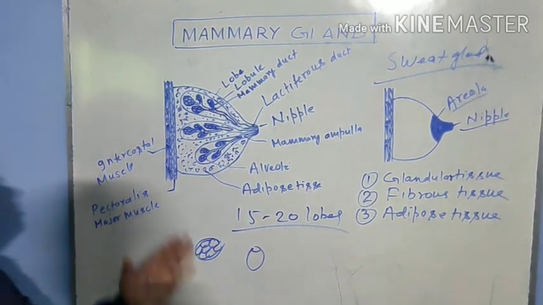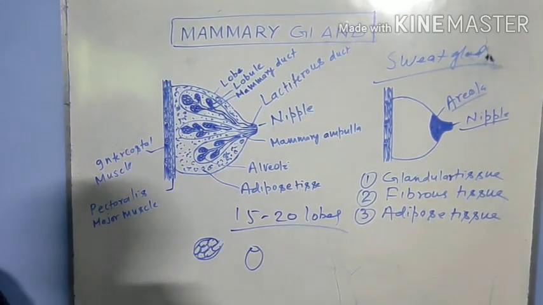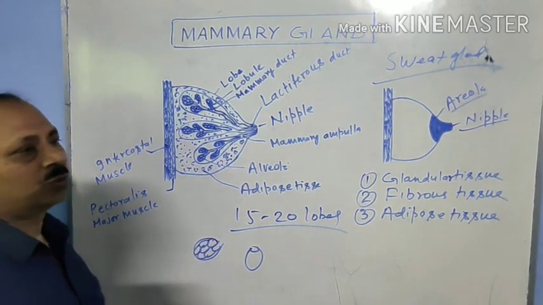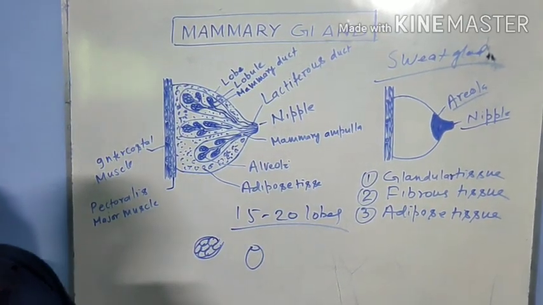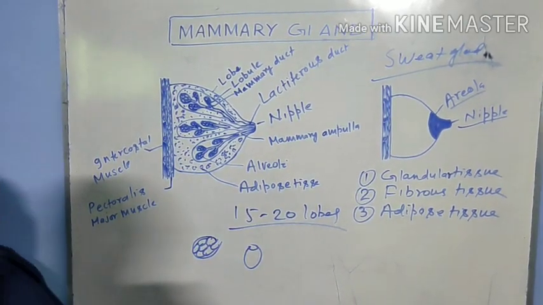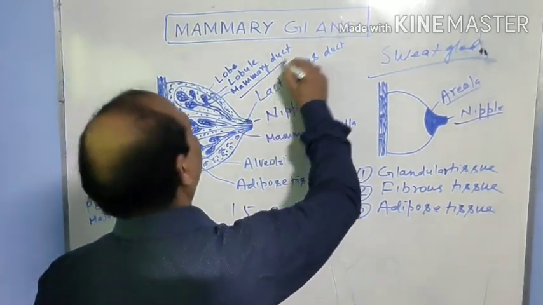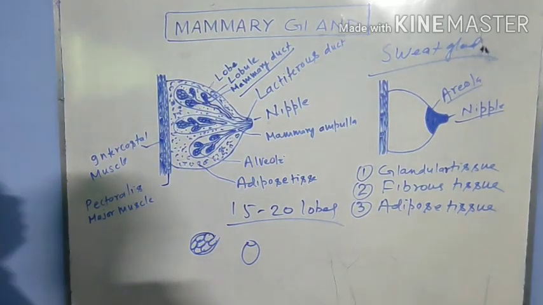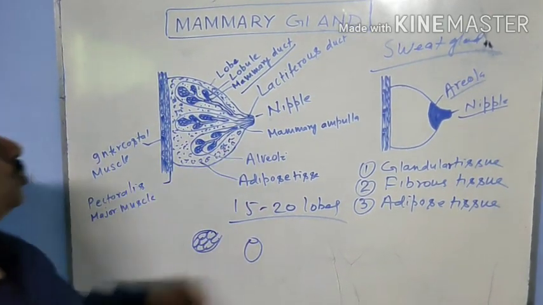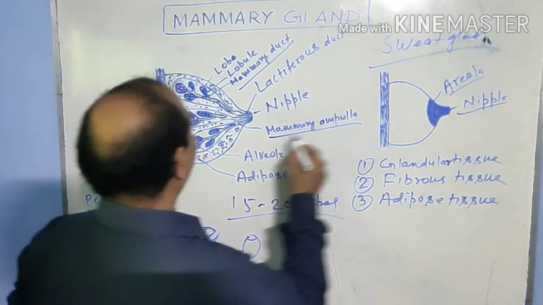When milk is secreted, it passes through mammary tubule, and mammary tubule joins the mammary duct, and mammary duct leads into mammary ampulla.